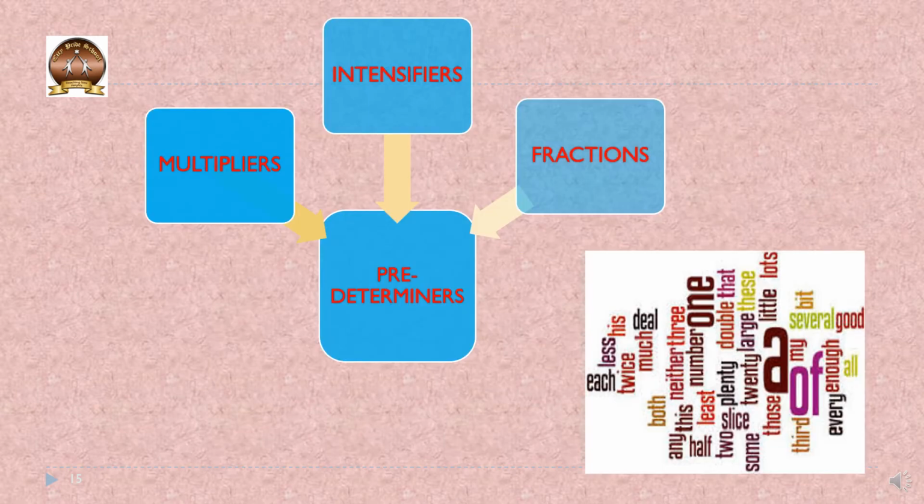Then we have predeterminers, which act as a multiplier, like double, triple. Then you have intensifiers, such. Then you have fractions like half, quarter, half a quarter, and so on.